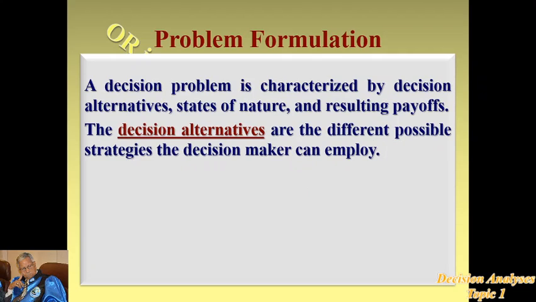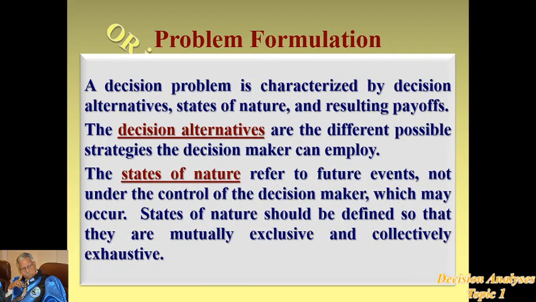The decision alternatives are the different possible strategies the decision maker can take. The state of nature refers to the future event or to environmental condition which the decision maker cannot control.